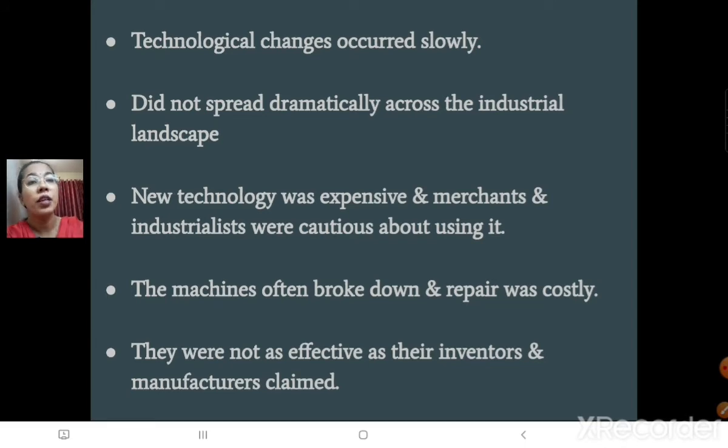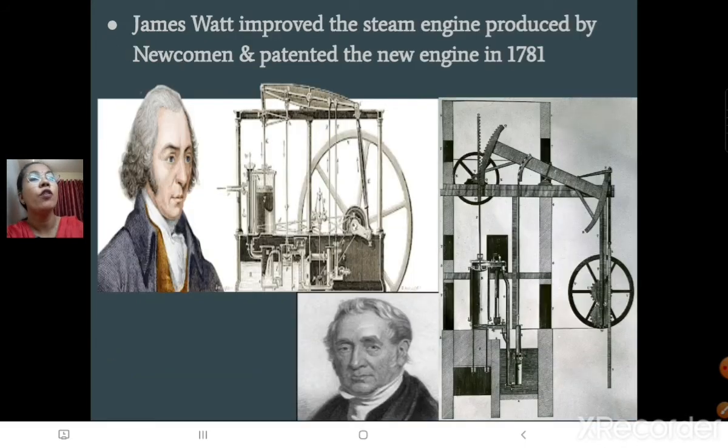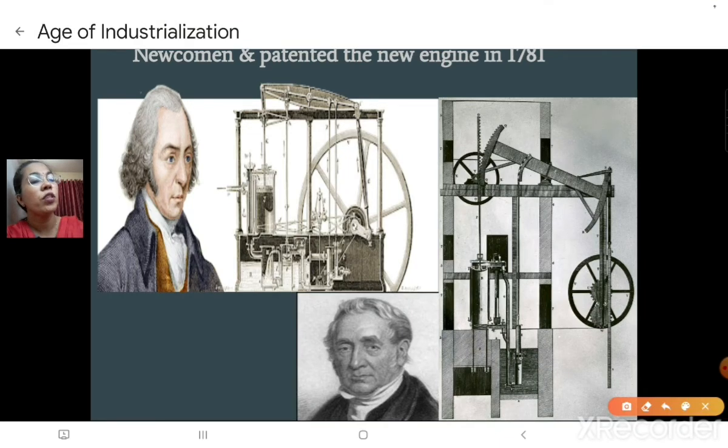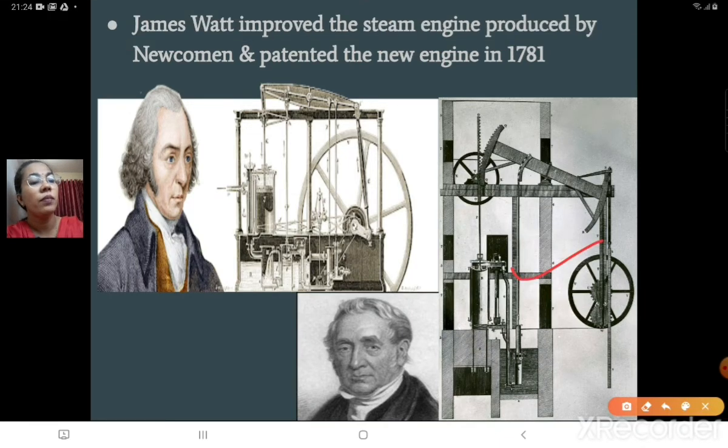For example, if we consider the case of the steam engine. Now, this was the first steam engine made by Newcomen. Clear? Now, it was just a raw machine and it needed a lot of improvement. And this improvement was brought by James Watt, and this was an improved steam engine.